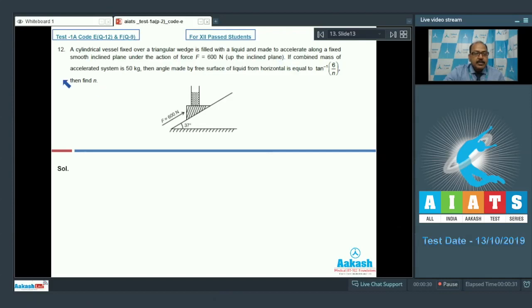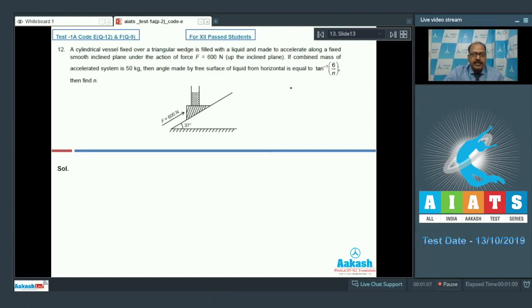If combined mass of accelerated system is 50 kg, then angle made by free surface of liquid from horizontal is equal to tan inverse 6 by n. Then find n. Well, the question is from the section mechanical properties of liquids, and it's a case of accelerated container containing a liquid. Let's first find the acceleration of the entire system.